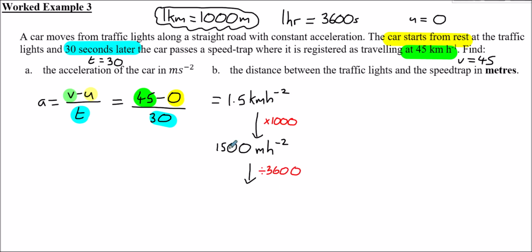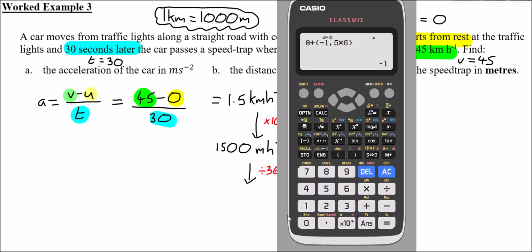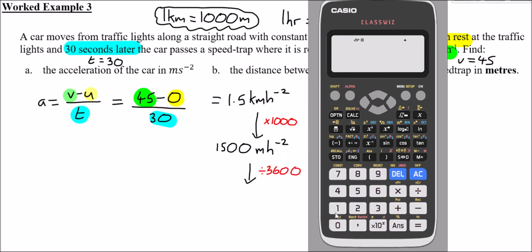So if we did 1,500 divided by 3,600 and simplified it down, we could leave it as a fraction, but what I'd suggest doing would be to give it as a decimal. Speeds, distances and times are often given in decimal form.